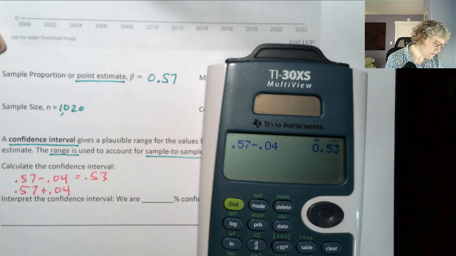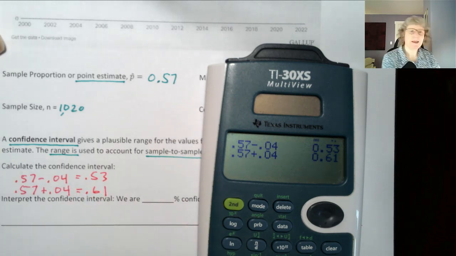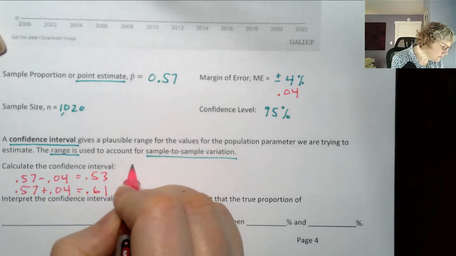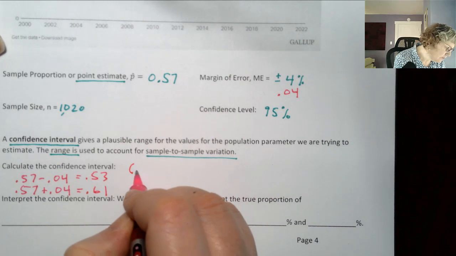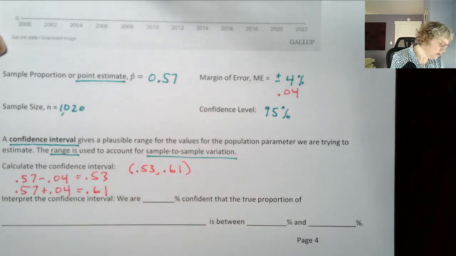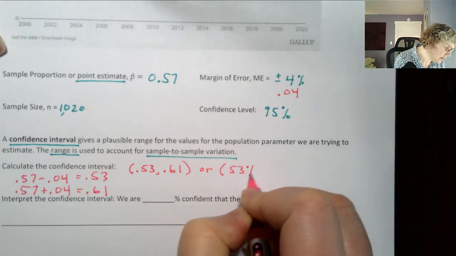You're welcome to. 0.57 plus 0.04 is 0.61. So what that's saying is our plausible range at this 95% confidence level, which I'll explain what that means, the plausible range for the true proportion is 0.53 to 0.61. Or we could write it in percentages as well.